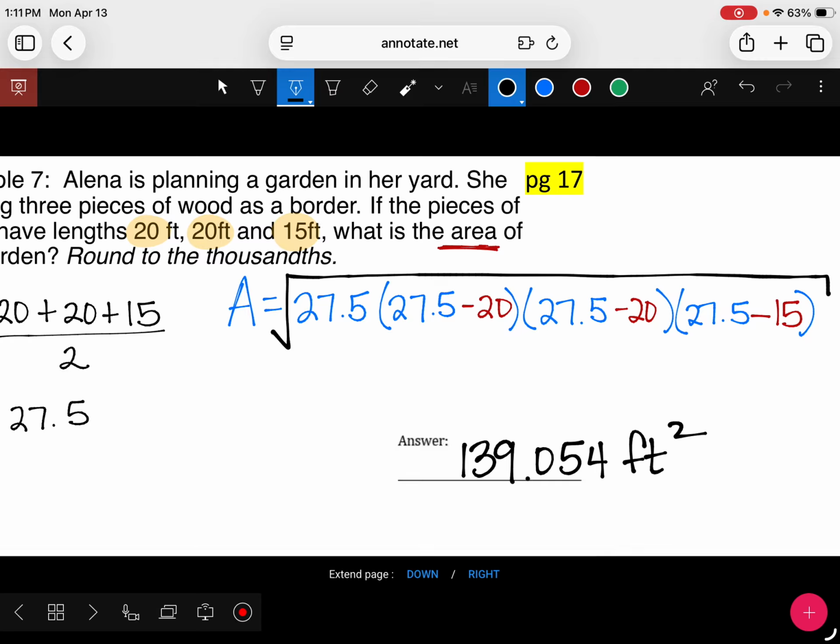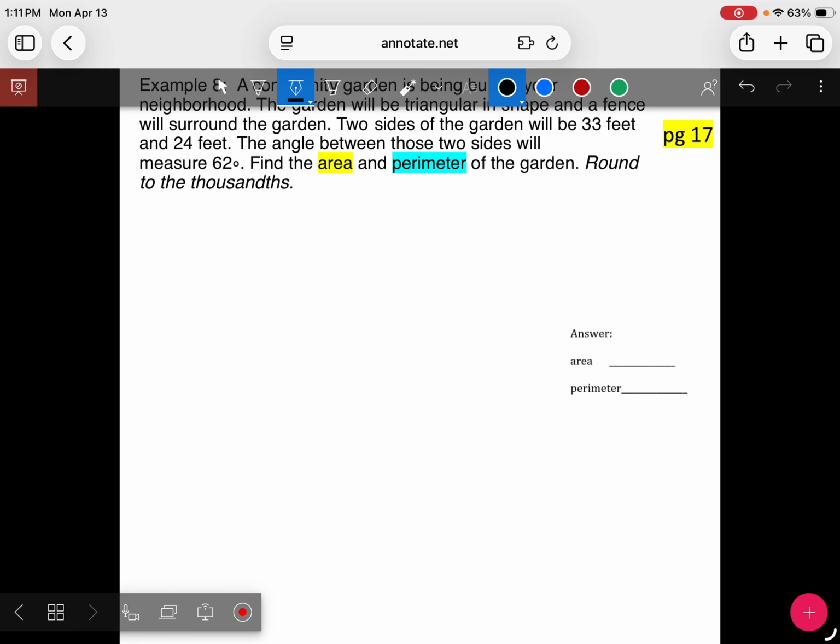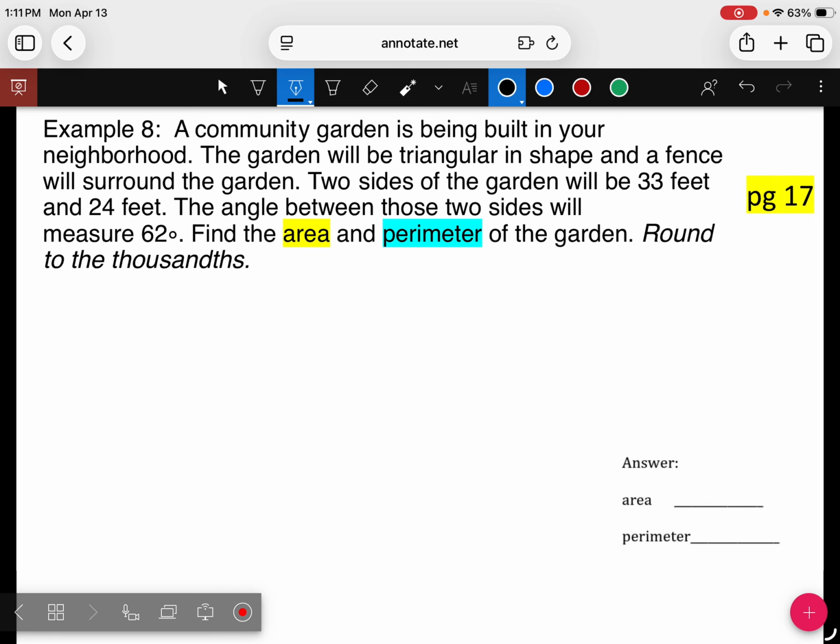All right. Last question. Anything you need to explain about? I mean, area, I think, is simple out of everything we've done, but I just want to make sure that we're okay. Okay. Last question, we got to do 2 things. We have to find the area and we have to find the perimeter. So it says that we have a garden.